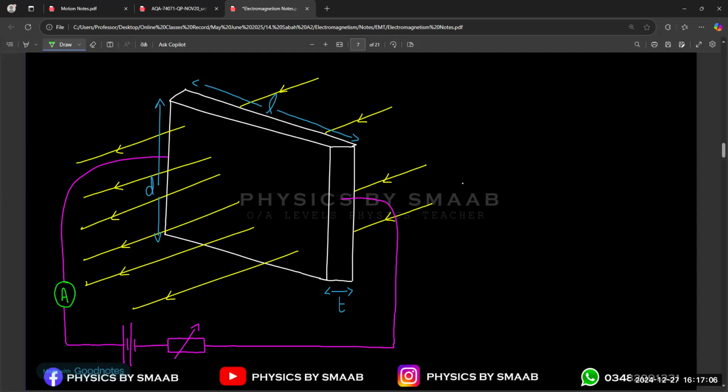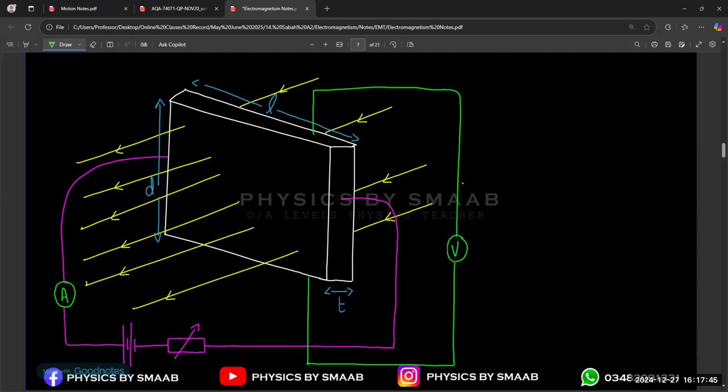And yes, we can also connect a voltmeter to measure the voltage. If you want to connect the voltmeter, this is the voltmeter connected to find out the voltage. So this is the setup.